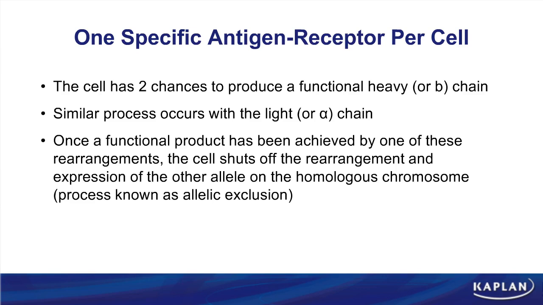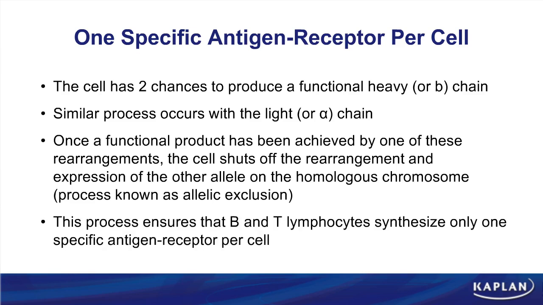And why do you think it would be important to exclude rearrangement on the other allele? Because when we talk about the immune system, B cells and T cells in particular, we know that there's one cell with one specificity. And what are the chances, if we allowed rearrangement to happen on both the maternal and the paternal chromosome, that those would be identical to each other?